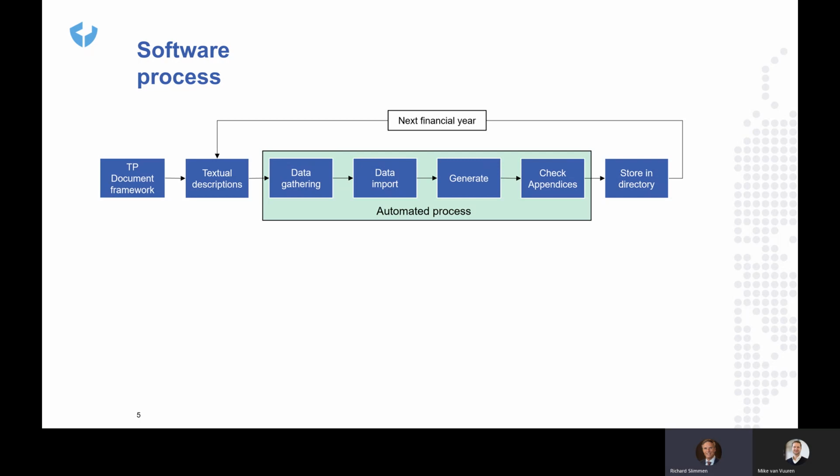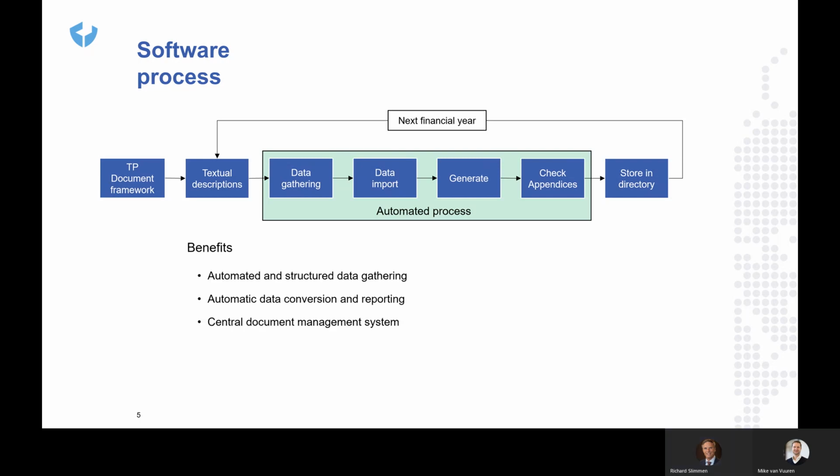Now that we have guided you through the software process, Mike, can you say something about the benefits of using the software? Thank you, Richard. Will do. And I think we can conclude that the software process gives you the following benefits. First, transform unstructured data gathering into structured and controlled data gathering.